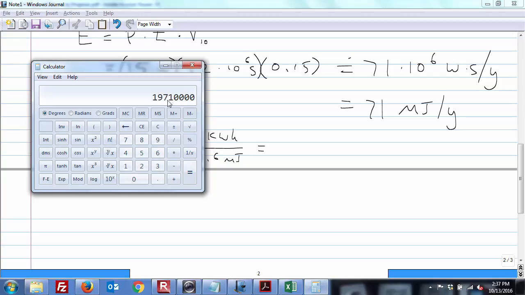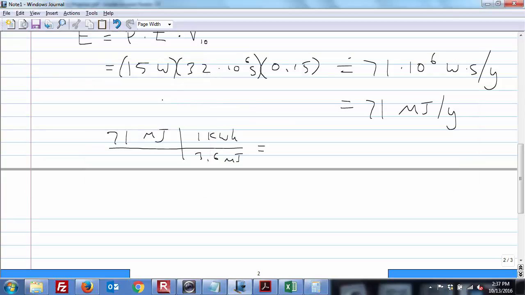Yes, we're looking at 20 kilowatt hours. Not very much. It's like a day's worth of power for the whole year.